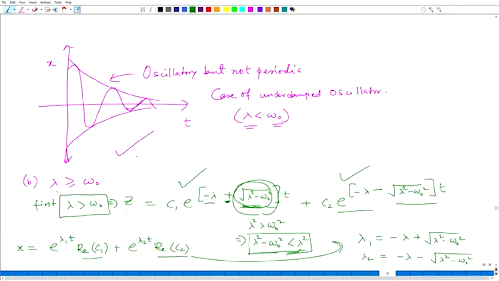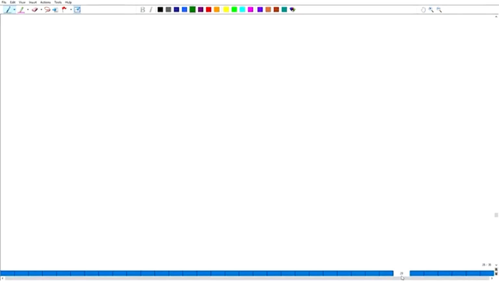If lambda is equal to omega 0, then this is the case of the degenerate roots.